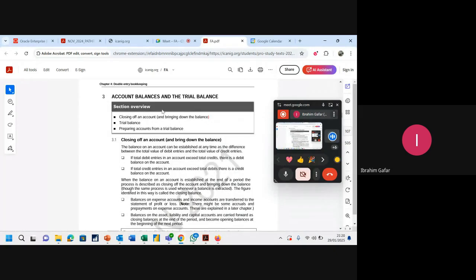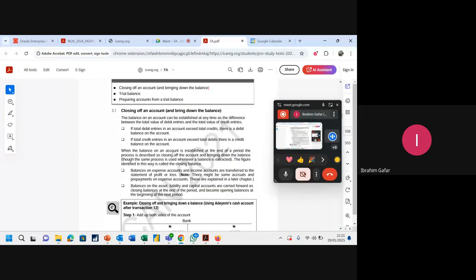So we have account balances and trial balances. I've explained this already. If total debit entries in an account exceed total credits, there's a debit balance on the account. If total credit exceeds it, there's a credit balance. So one side is bigger than the other side, and that will result in a debit or credit balance for each of those GLs.